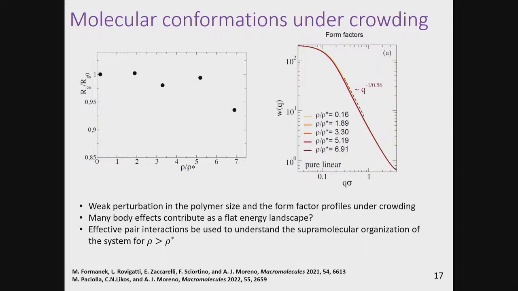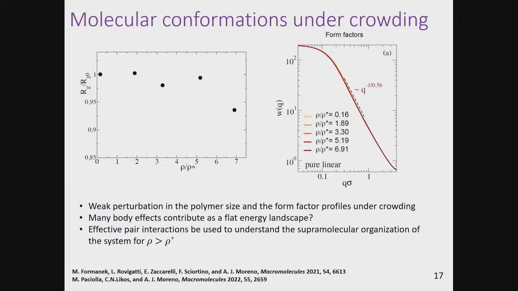So in my group, based on this result, what it implies is that the many-body effects can be neglected. Even though you are at higher concentrations, the molecular conformations are not perturbed. So you can neglect the many-body effects and use simply the pair interaction potentials to describe the supramolecular organization at higher density.